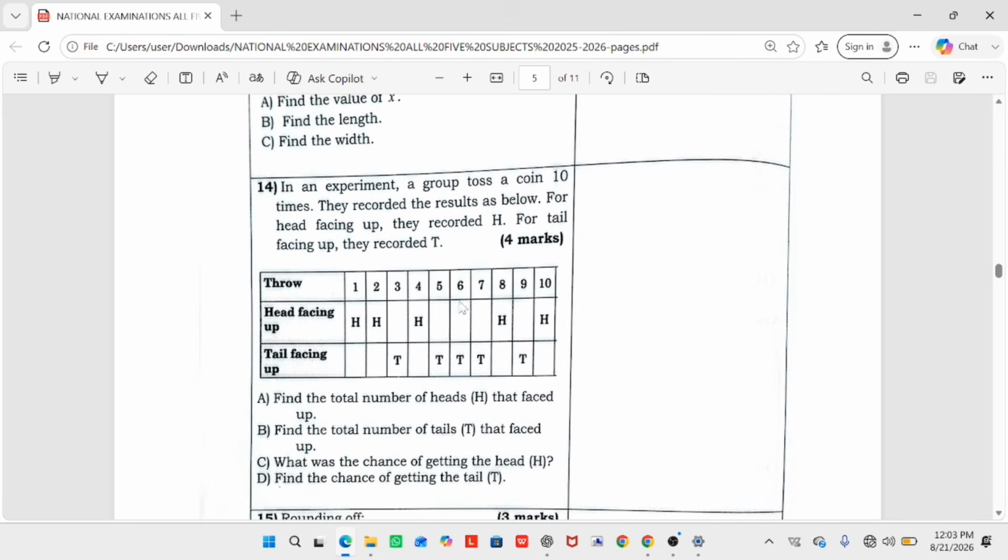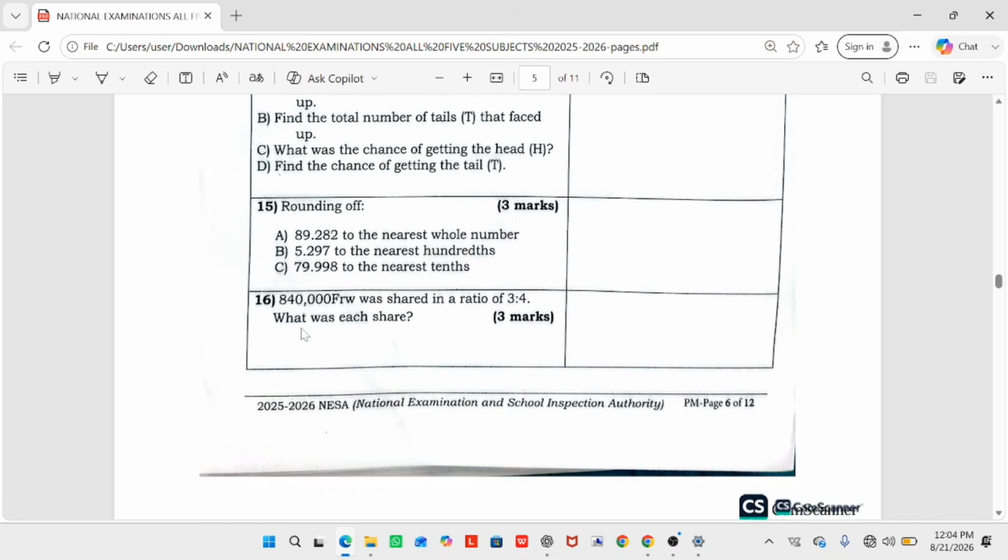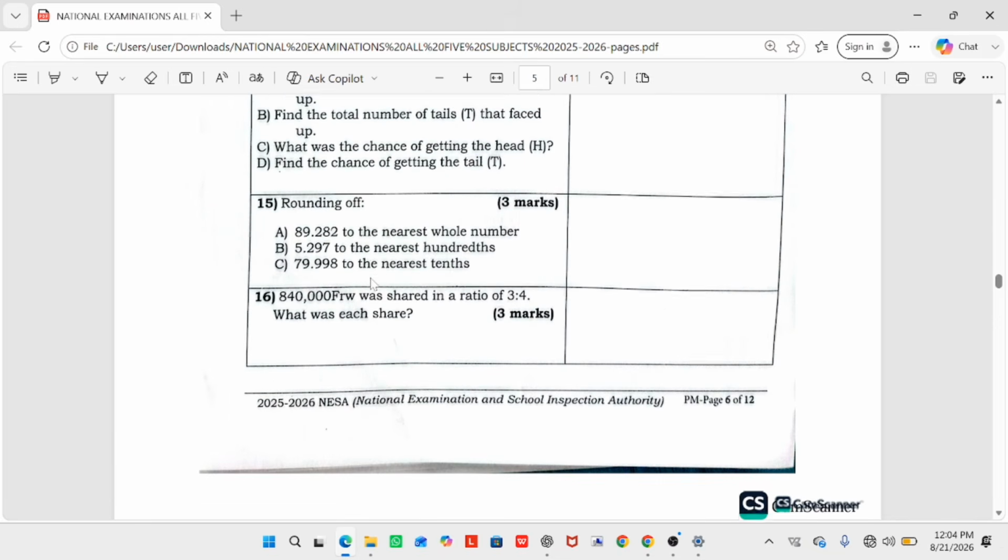So this is the probability question, the round-off question. Probably it is in the unit. You started this in the first chapters of Senior 6, P6.